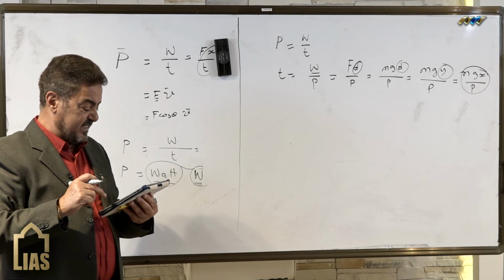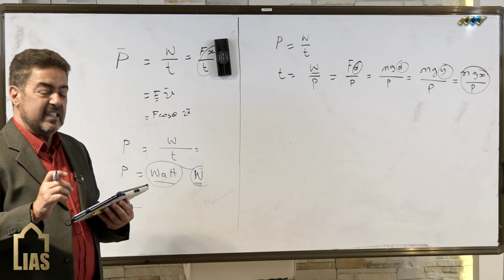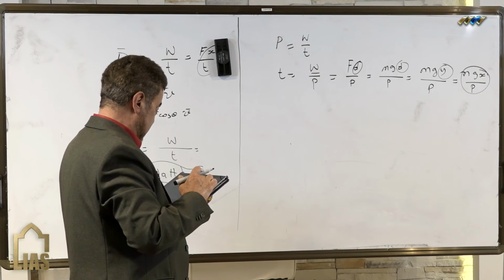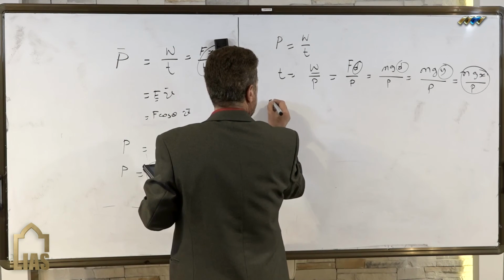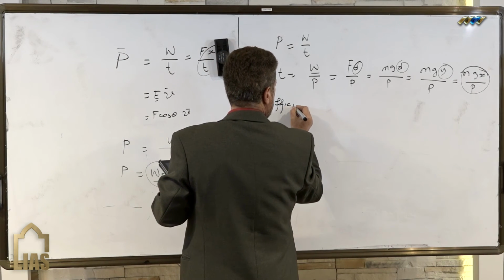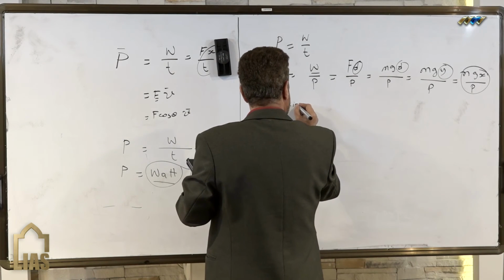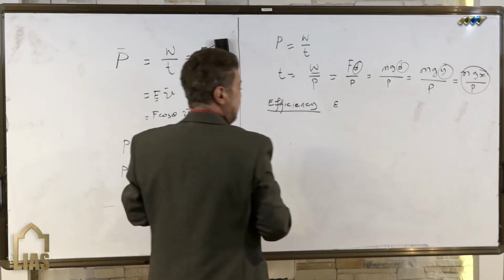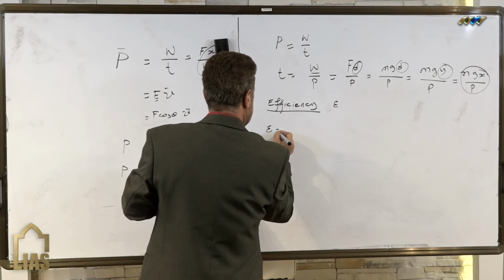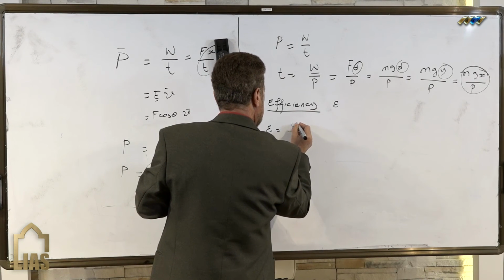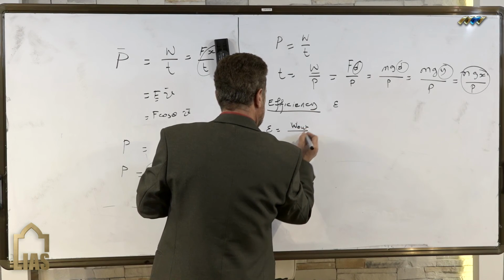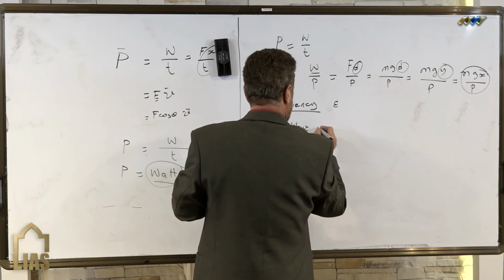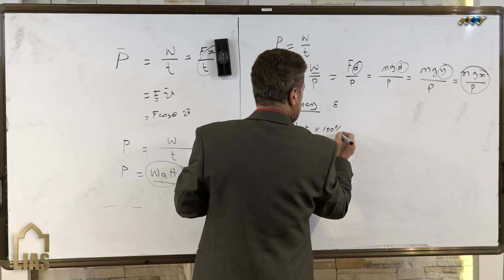Also we have the efficiency. Efficiency is unitless. Why? Efficiency, we give this epsilon. Epsilon is the work out over the energy in, times 100%.